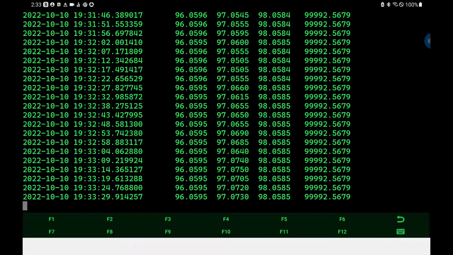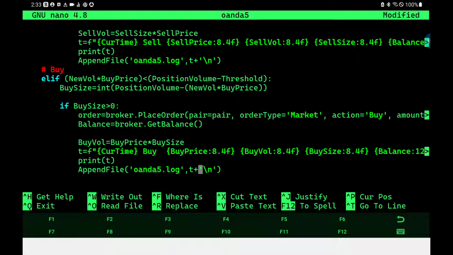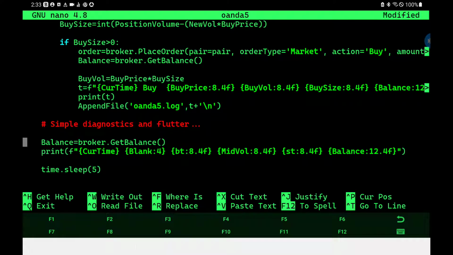As you can see, this screen is constantly moving. So if a buy and sell happens, you're not going to see it unless you write it to a log file. And now, simply print out the information, the balance, and the information that we have.